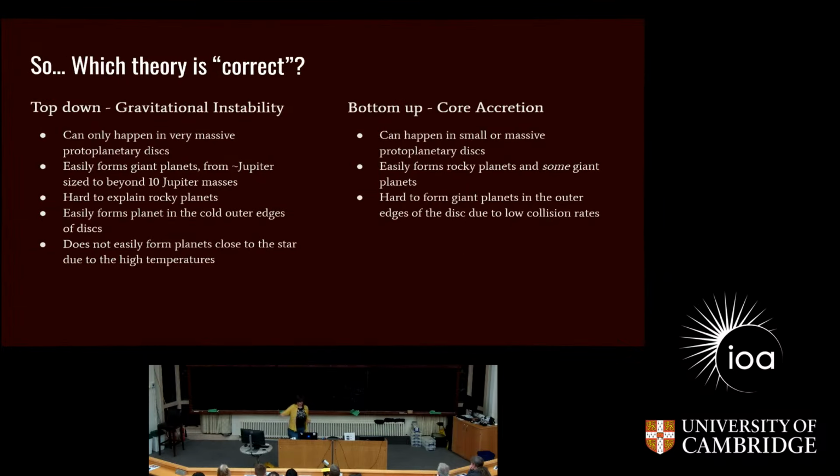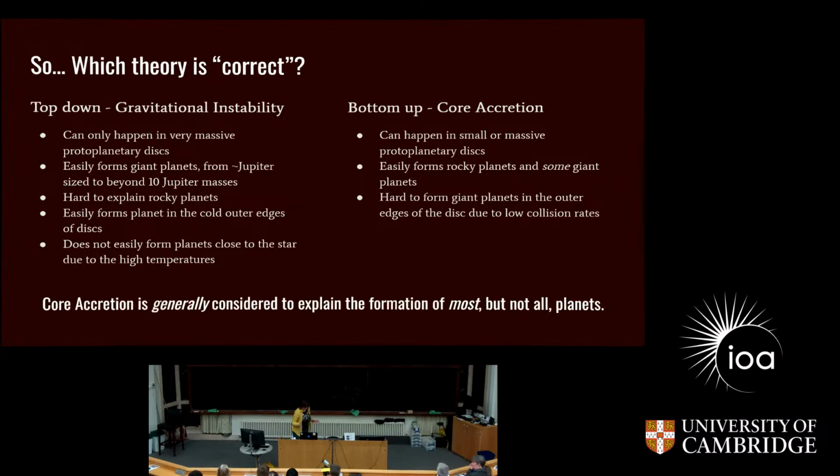Giant planets formed really far out in the disk, and these do exist. We have a few examples of them. So the general consensus is that core accretion is typically a good explanation for most planets, but it doesn't really explain all of them. Across the scientific community, you'll find some people who say that core accretion can definitely explain all planets as long as you make all these changes.